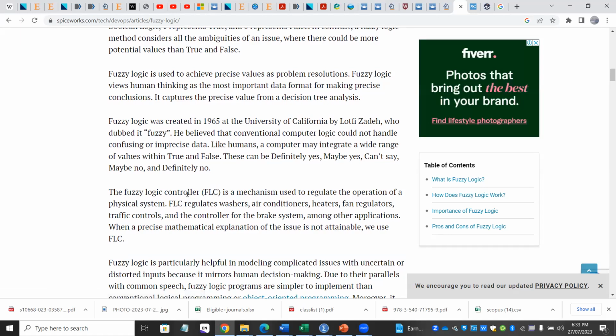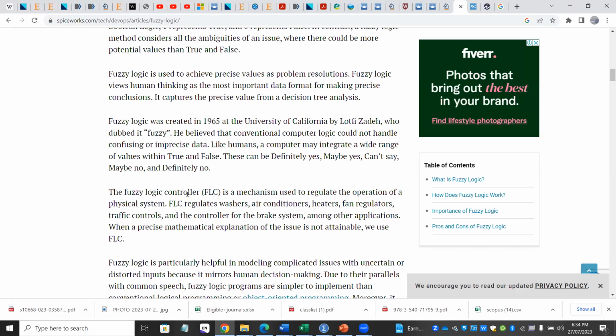In fact, fuzzy is even prominent in the machines that we use to wash our things, like the dishwasher, and the ones we use to wash clothes, and so many other things that use IT, which things are complicated.